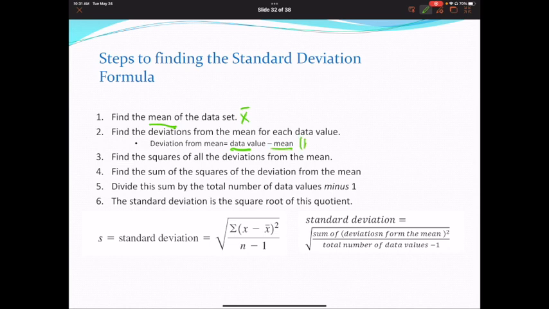We want to know how far each piece of data is from the mean. Then we take the squares of all the deviations from the mean, because if you think of a data set, you're going to have some values below the mean, which would mean their deviations are negative. So if we square them, it makes everything positive.